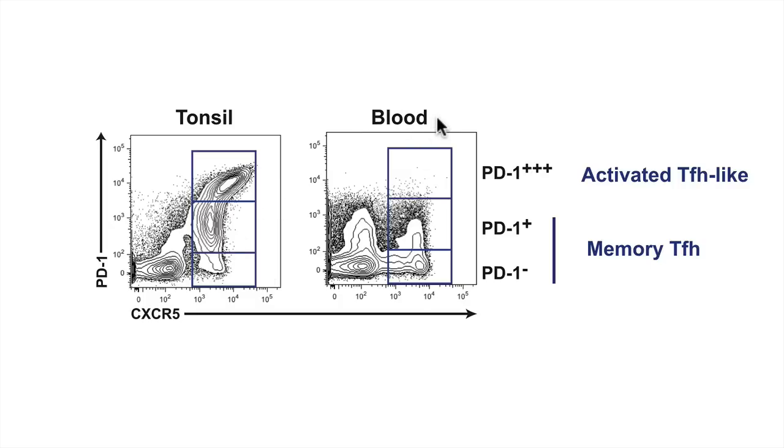Now, if you compare that to what's observable in blood, well, there are CXCR5 positive cells in human peripheral blood, and they are antigen experienced, that is to say they are CD45RO positive or CD45RA negative. However, in contrast to lymphoid tissue, in lymphoid tissue the vast majority of these GC TFH and TFH cells are activated cells and are actively participating in some antigen-specific immune response.